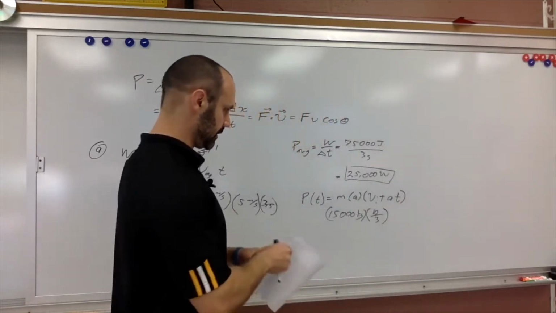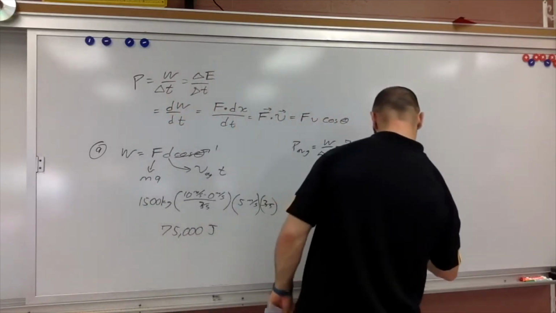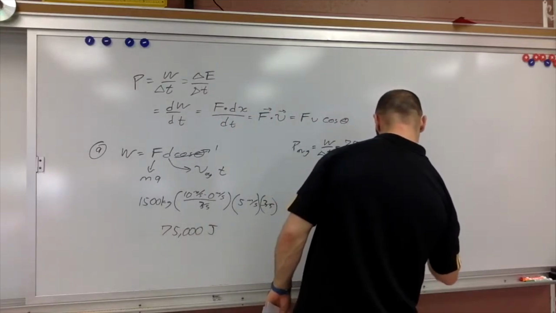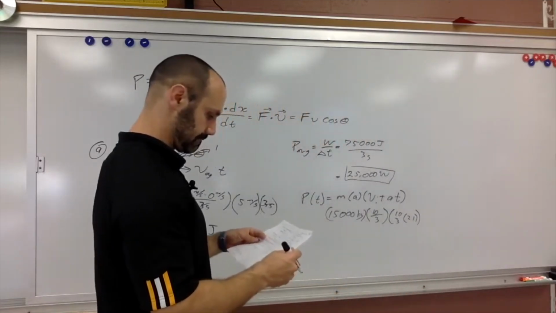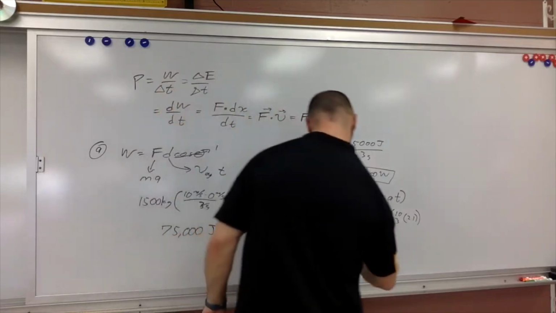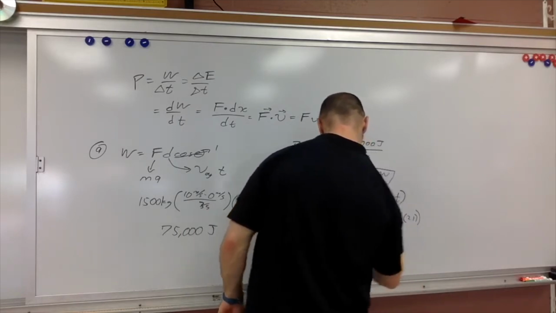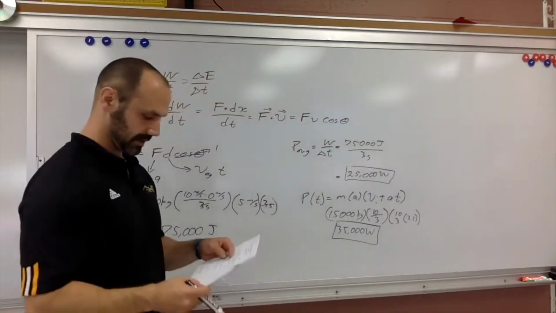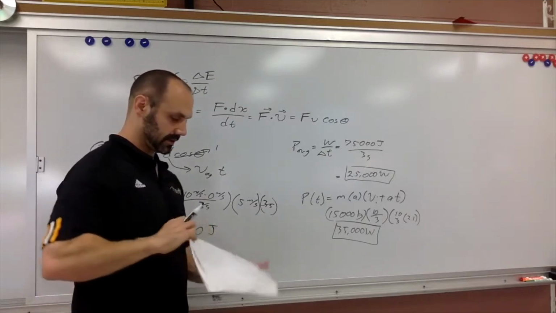And then the initial velocity is 0. But we're looking at the acceleration here, 10 over 3 times 2.1 seconds. Okay. And I think this comes out to 35,000 watts.